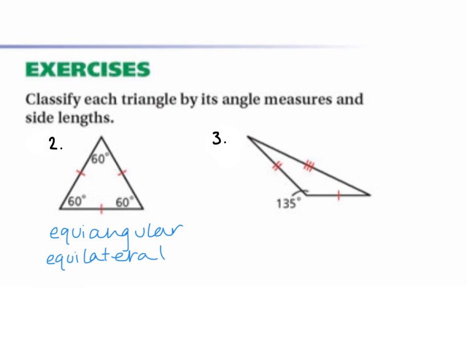Number 3, how do we classify it by its angle measures? Obtuse, because it has one angle that's greater than 90. And how do we classify it by its side lengths? Scalene. Is that right? Yep. Scalene, because all 3 sides are different lengths.